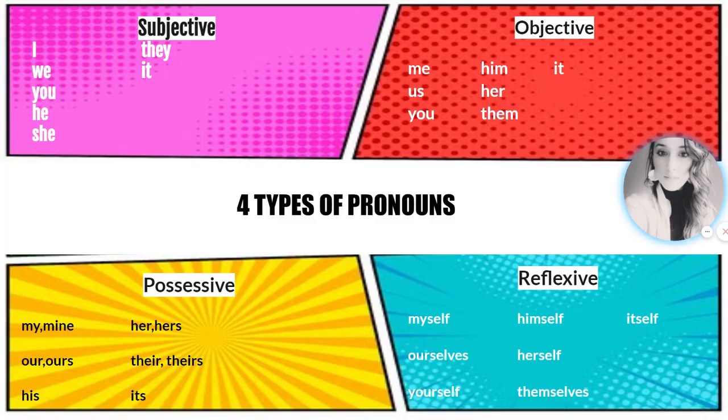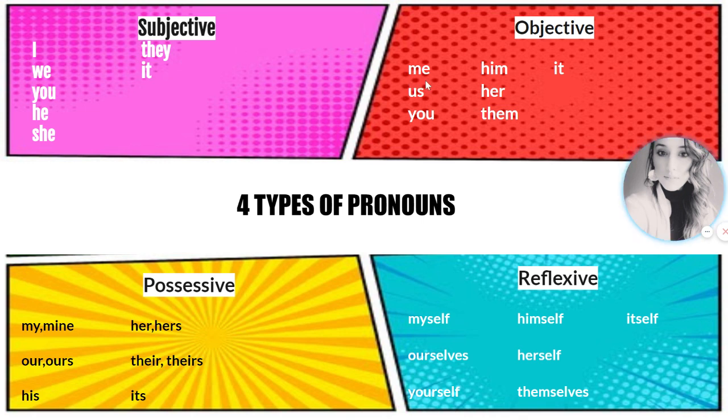Here are some examples of pronouns that we typically see in writing. There are 4 different types of pronouns. We have subjective, objective, possessive, and reflexive. For subjective, we have the pronouns I, we, you, he, she, they, it.